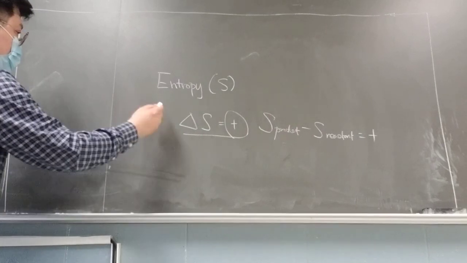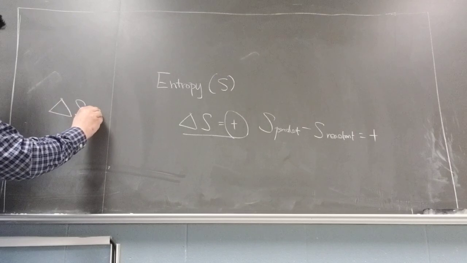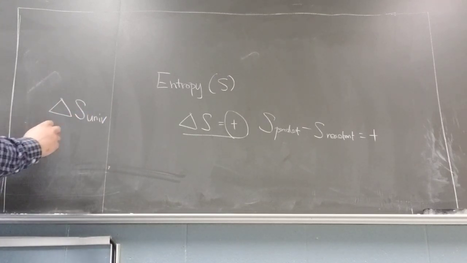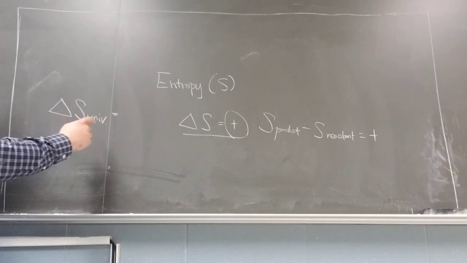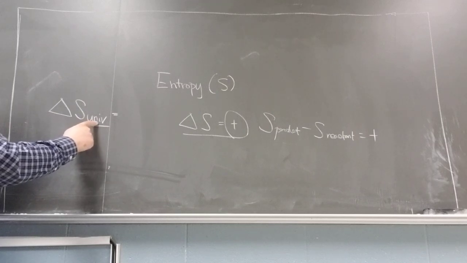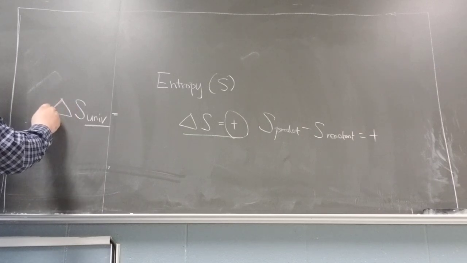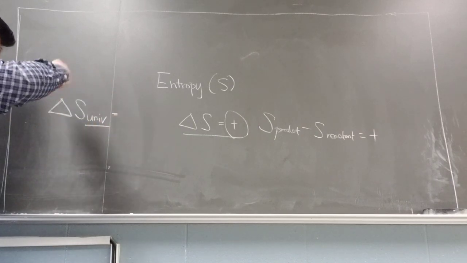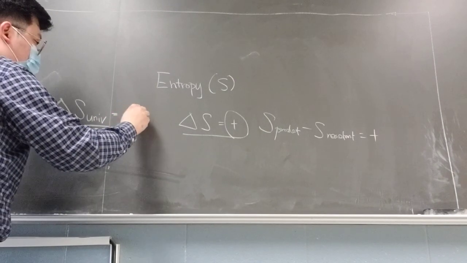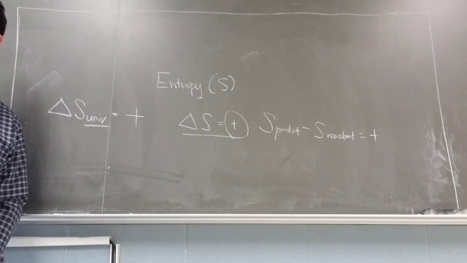But here's the thing. You may see this one in physics, especially astrophysics or other types of physics classes. This represents the universe. UNIV is universe, and the change in the total entropy of the universe is always positive. I want you to remember this for any physics class.